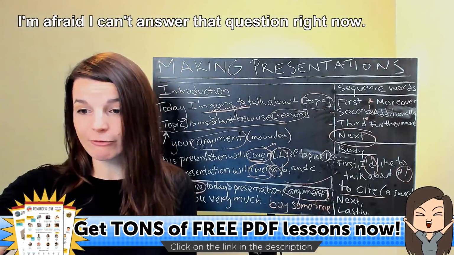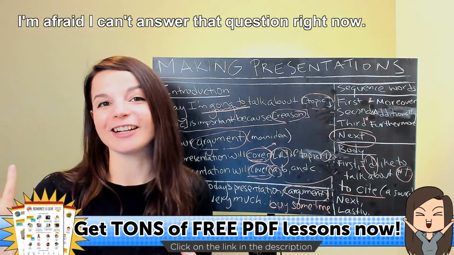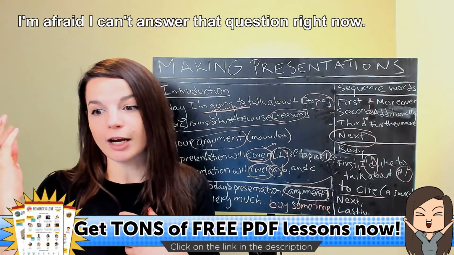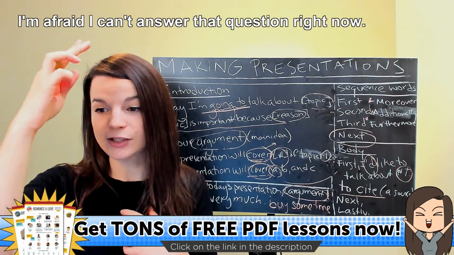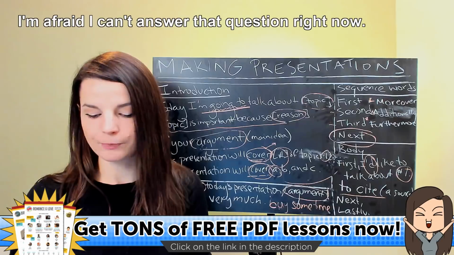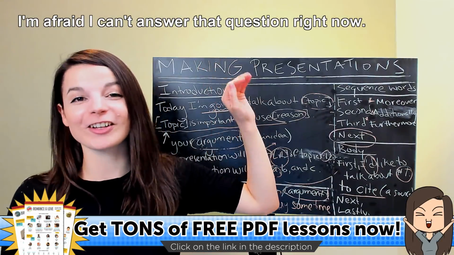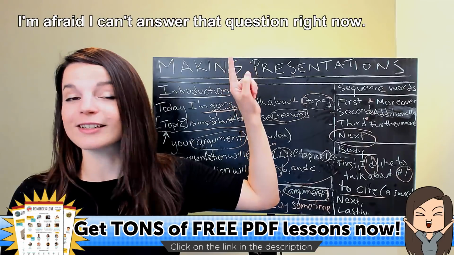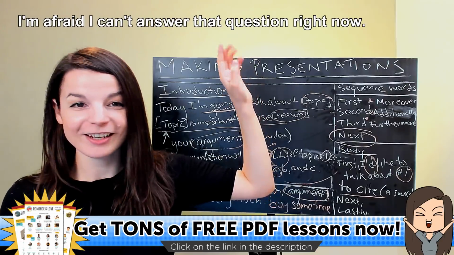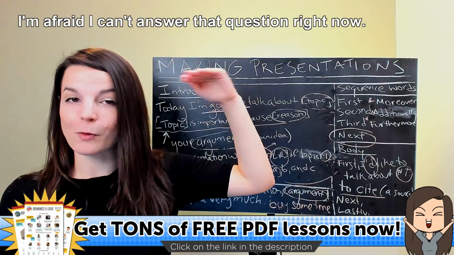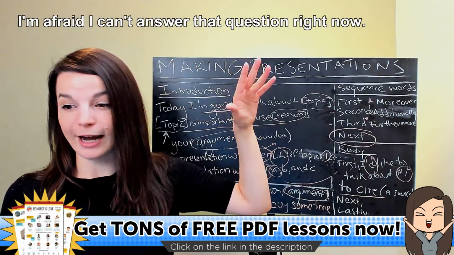Here we have "I'm afraid." It doesn't mean I'm scared. It actually means I'm sorry. I'm sorry, but I can't answer that question right now. Just be careful. If you answer every single audience question with this, it's really suspicious. So only use this if it's a question you absolutely cannot answer.